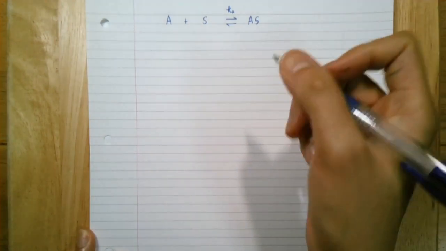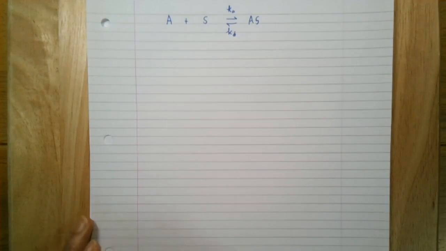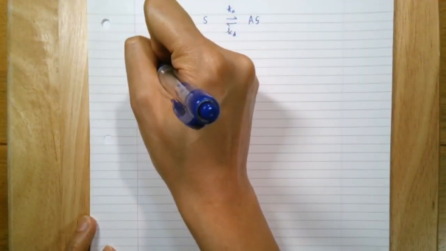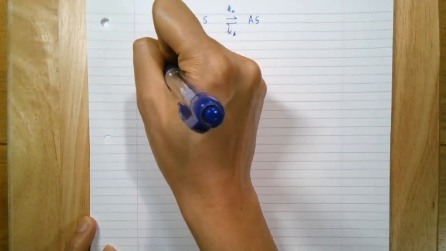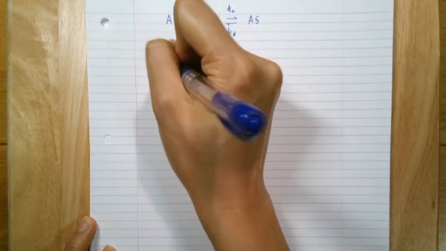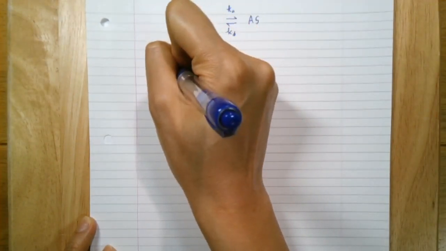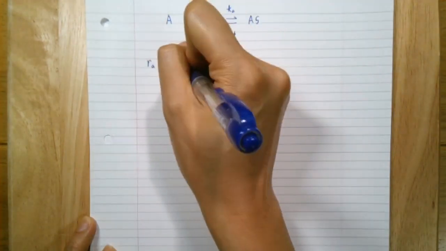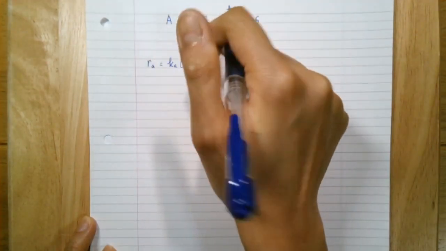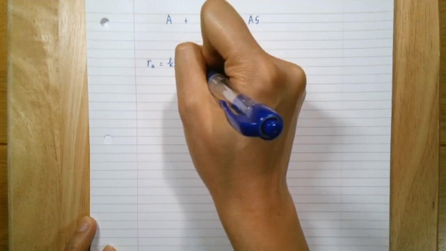And the reversed reaction is desorption with the rate constant Kd. So we can write the rate of adsorption, Ra, as just equal to the rate constant of adsorption, Ka, multiplied by the concentration of A and the concentration of the free active sites.